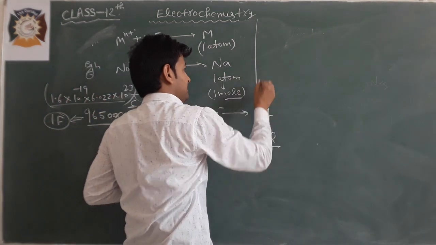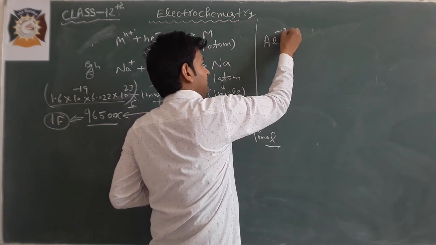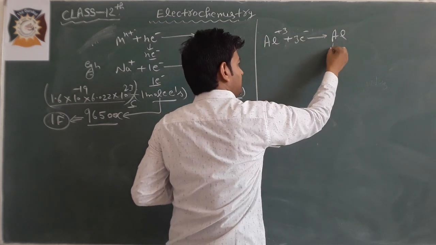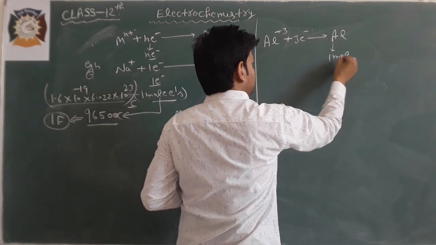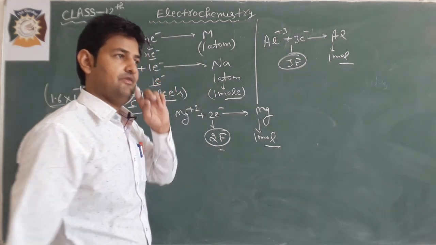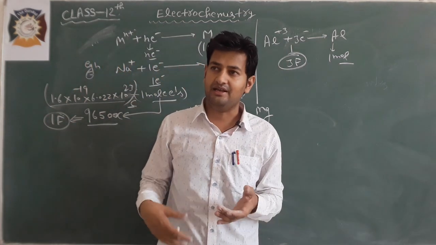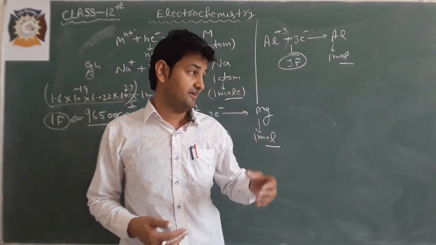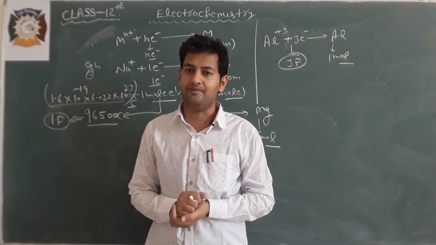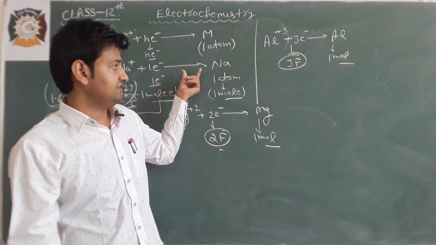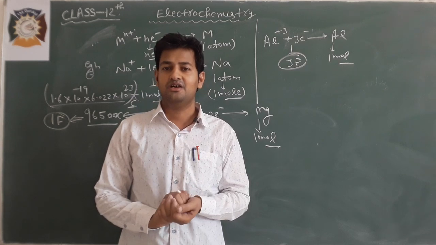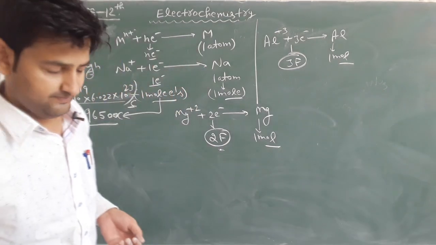Similarly for aluminium, Al plus 3 needs 3 electrons, so 3 Faraday of electricity is required. So simply we can say that if n electrons are involved in the reduction of one atom of an element, then n Faraday of electricity is required for the deposition of 1 mole.